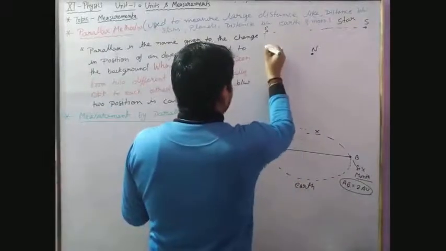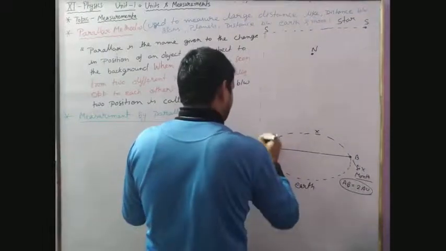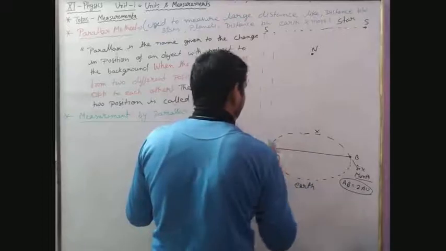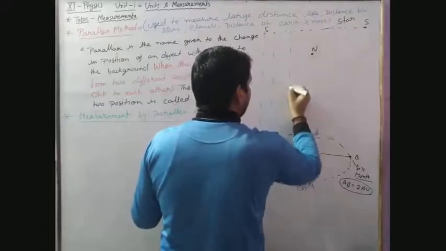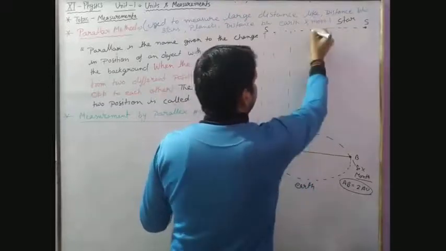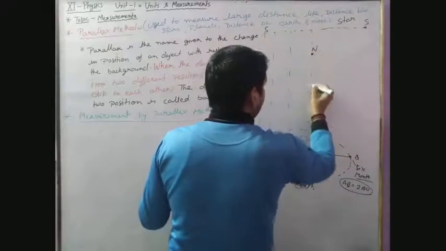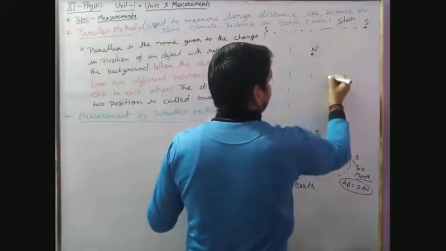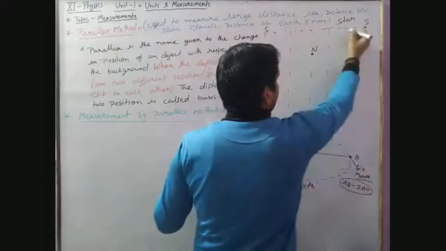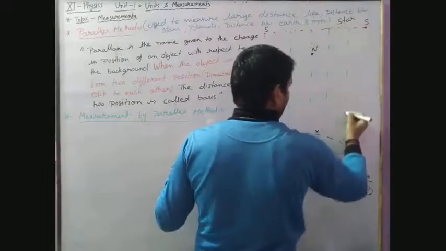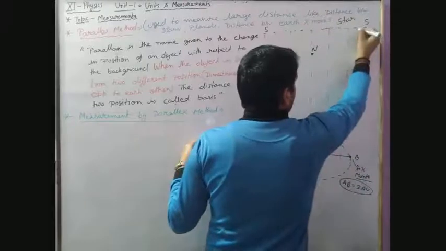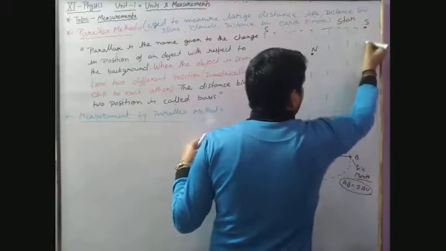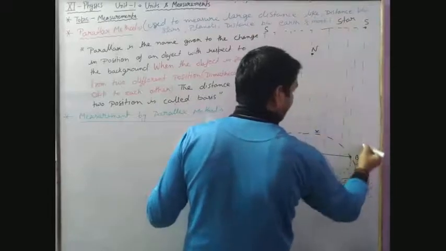The light coming from S is parallel to each other at every distance. Clear to all of you?